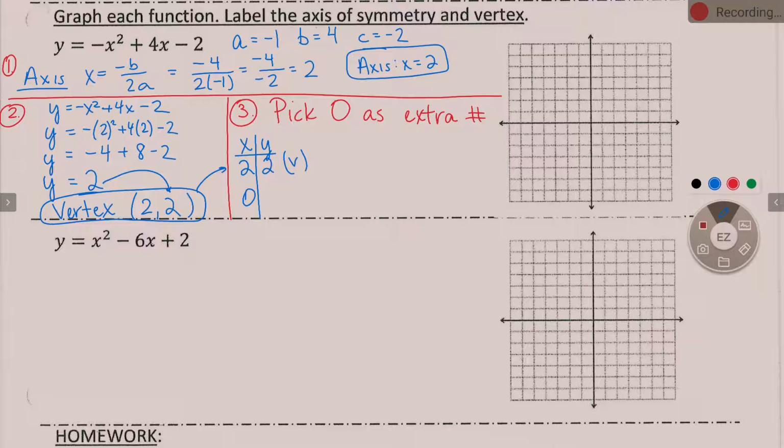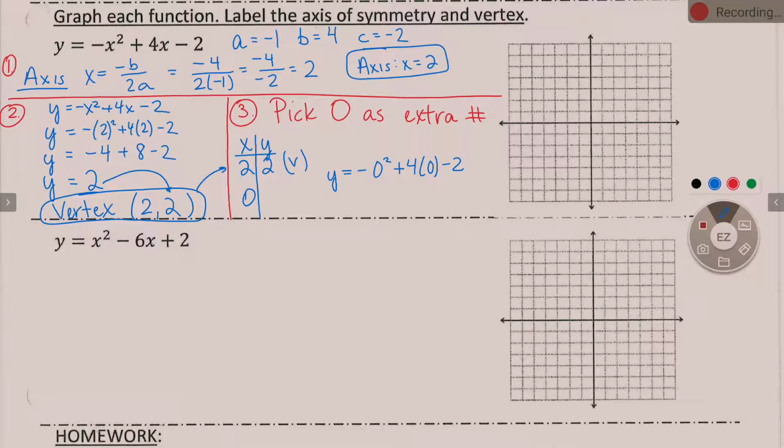So if we put 0, where am I going to put that 0? Well, 0 is my x value, so I'm going to put it into the original equation again, in for x, right? So we're going to say y equals the negative of 0 squared plus 4 times 0 minus 2.